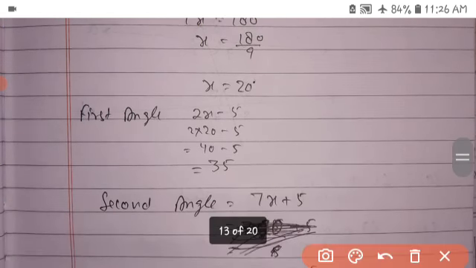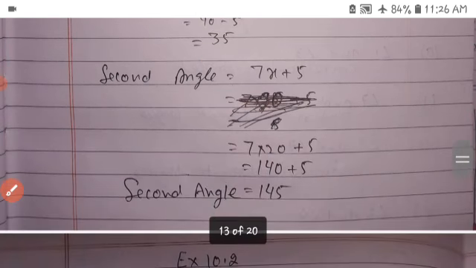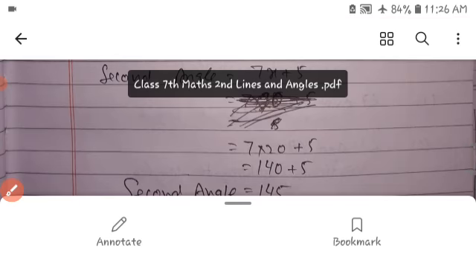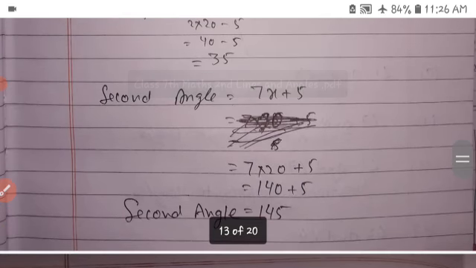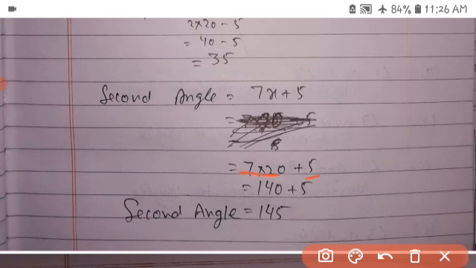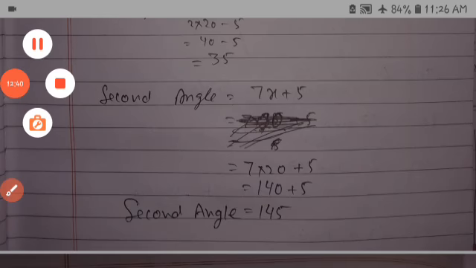The first angle is 2x minus 5, which is 40 minus 5, equal to 35. And the second angle is 7 into 20 plus 5, which is 140 plus 5, equal to 145. That is the answer. The second angle is 145. Okay, children, this video is over.